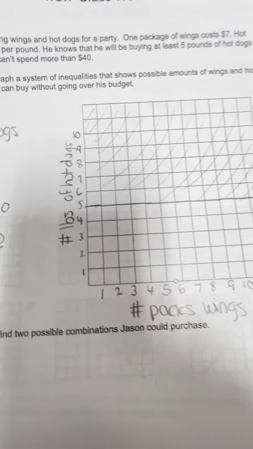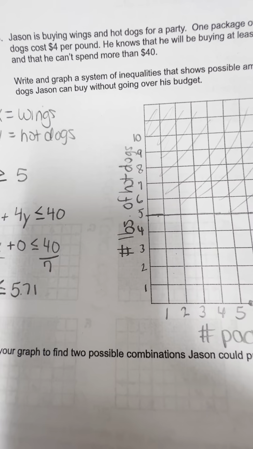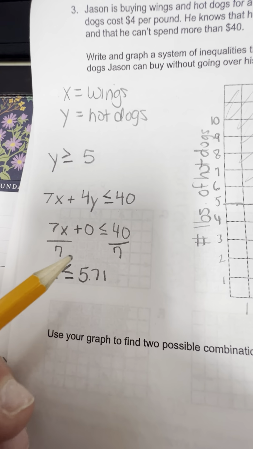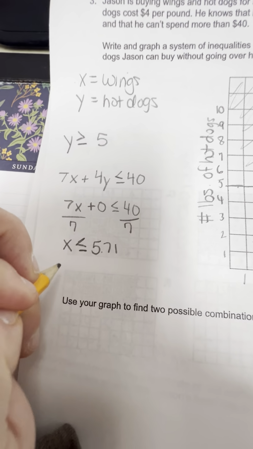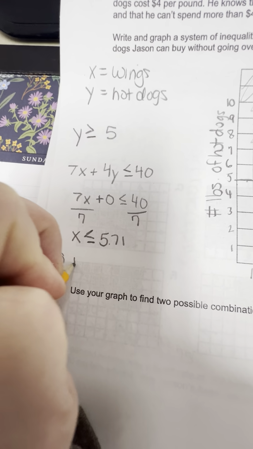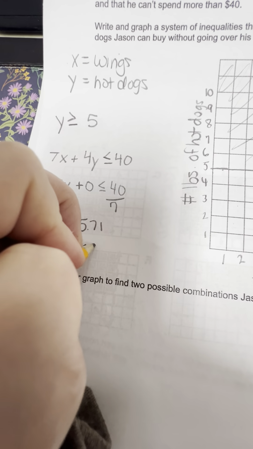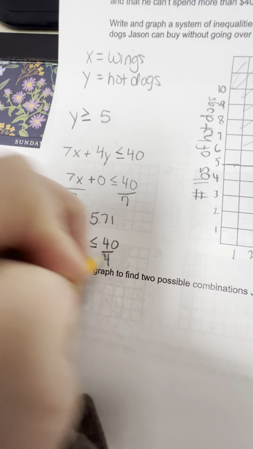Now, obviously, we know we have to have at least 5 pounds of hot dogs. But let's take a look at what happens if we just bought all hot dogs. If they're $4 a pound, assuming that we don't have any wings, 0 wings, 4y is less than or equal to 40. We would do the same thing, but we're going to divide by 4 instead.